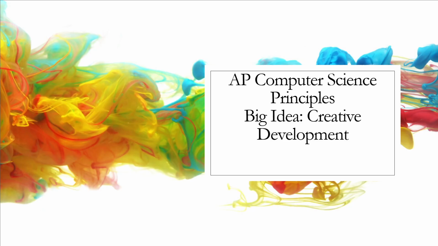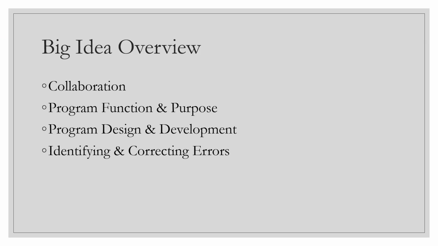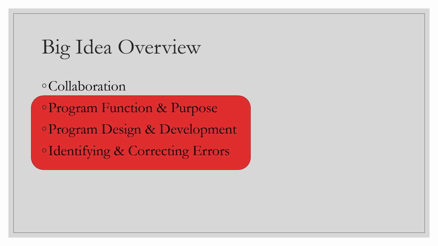But for the purposes of the AP exam, College Board has defined this big idea to encompass collaboration, program function and purpose, program design and development, and identifying and correcting errors. And in our case, I'm only really going to focus on the last three.